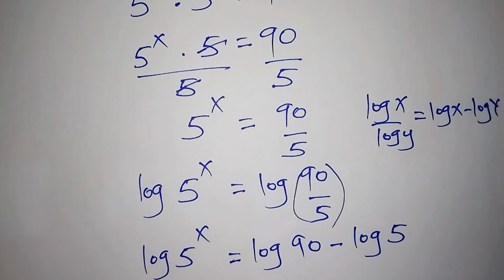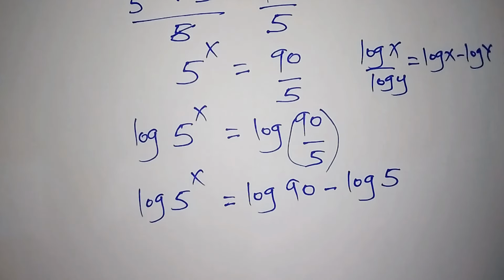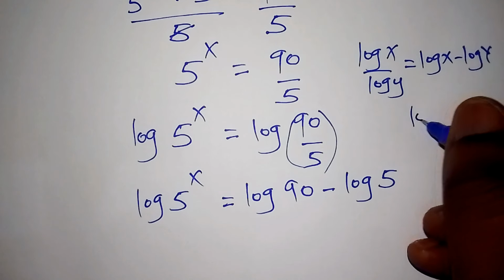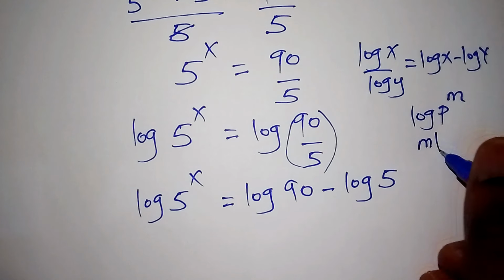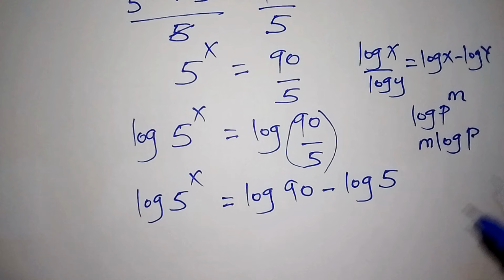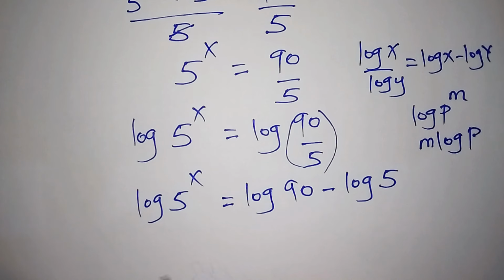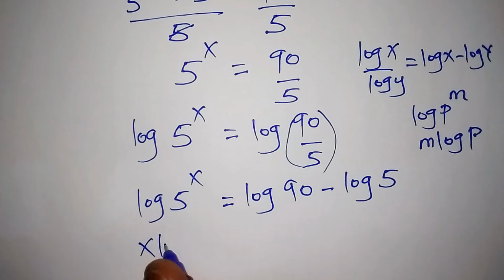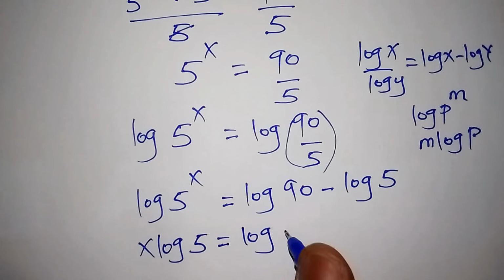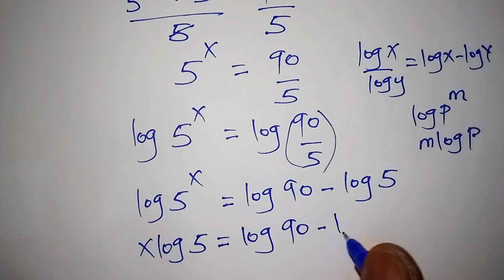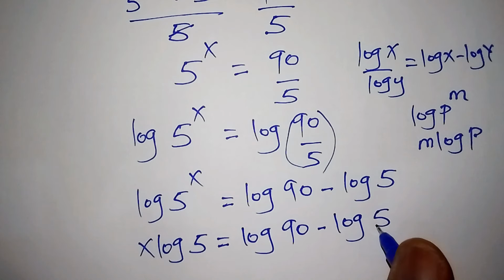Now, assuming we have something like the log of p to the power of m, this can also be written as m times the log of p. So the log of 5 to the power of x you can write as x times the log of 5, is equal to the log of 90 minus the log of 5.